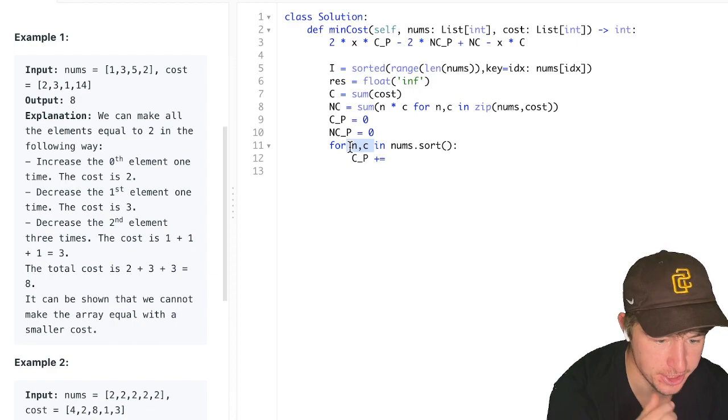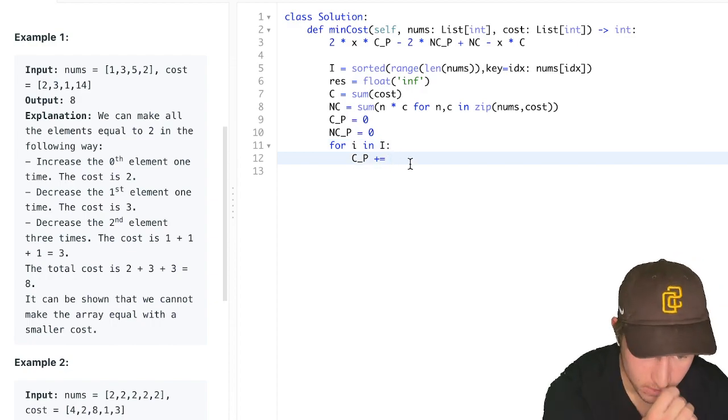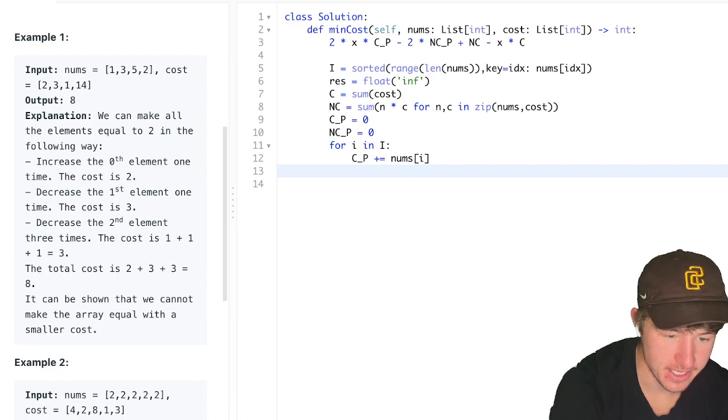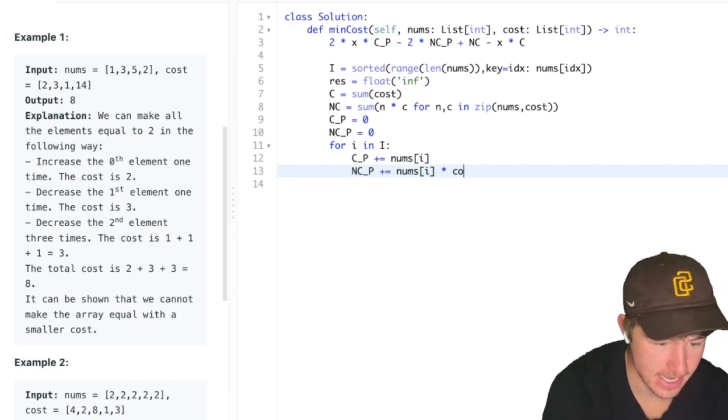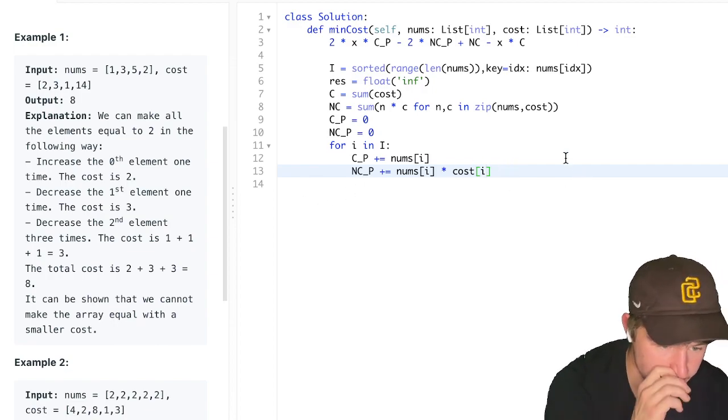And we'll look at each index i in that. So the prime equals nums of i. The nc prime plus equals nums of i times cost of i. Okay, and then we just run this formula.